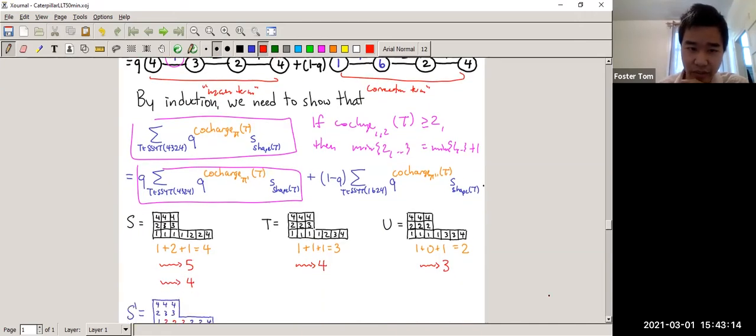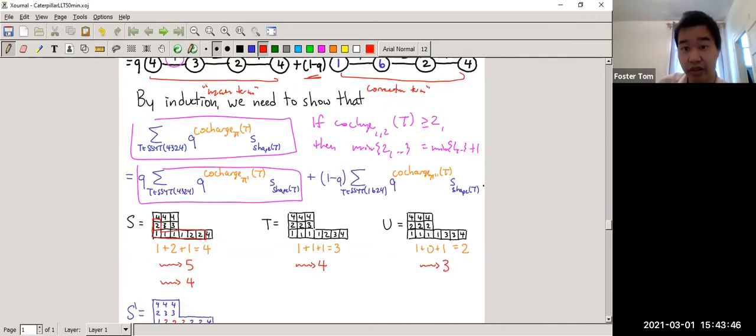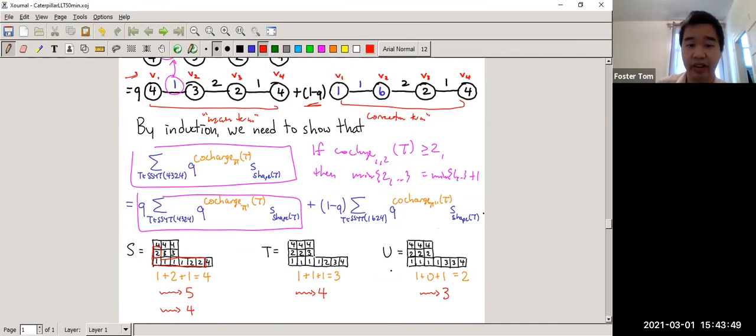So I've got these three tableaux here, S, T, and U. And for T and U, cocharge sub 1,2 is at least 2, so increasing it by 1 was the right thing to do. But for S, I've only got 1,2 above a 1. So I don't really want to increase the power of Q by 1, but that's where the correction term comes in, because it corresponds to just this single tableau, where it has the same cocharge, and basically what this 1 minus Q factor is doing is it turns the Q to the 5 back into a Q to the 4.